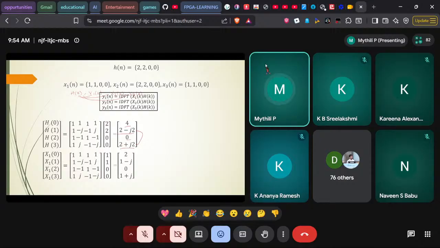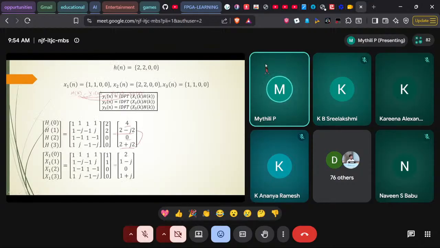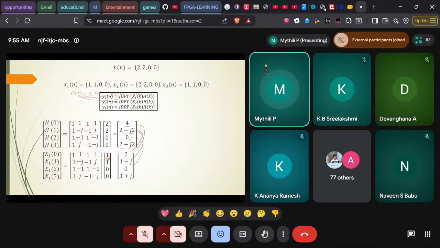You can see the values are 2, 1 minus j, 0, and 1 plus j. Now, you need to multiply these two: 4 into 2, 8; 2 minus j, 2 into 1 minus j; 0 into 0; and 1 plus j.